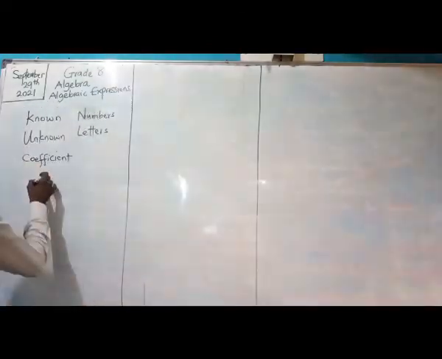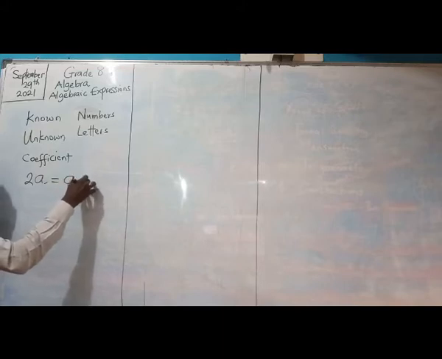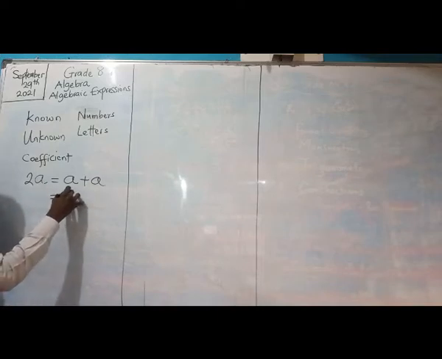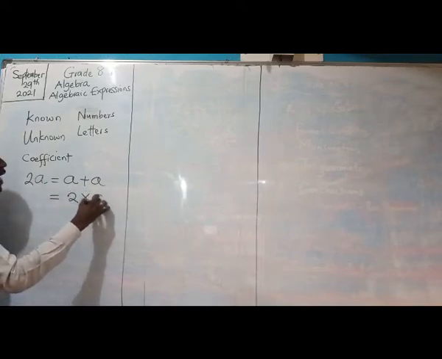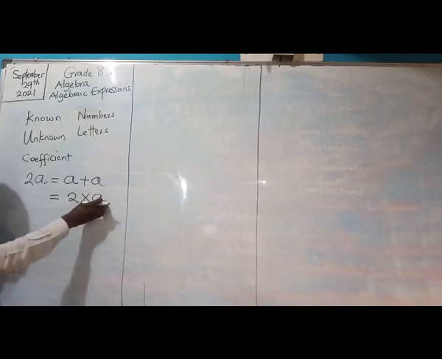What that means is this: if I say A, 2A, what this means is that it is what? A plus A. A is added 2 times to get what? 2A. I can also say that it is a number that multiplies the unknown. The number that multiplies the unknown.